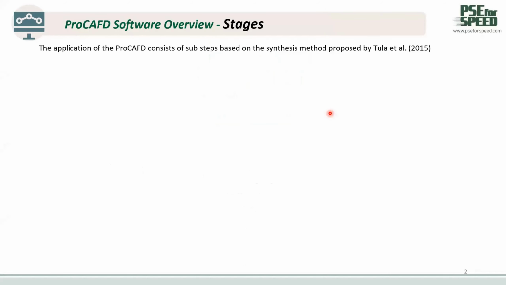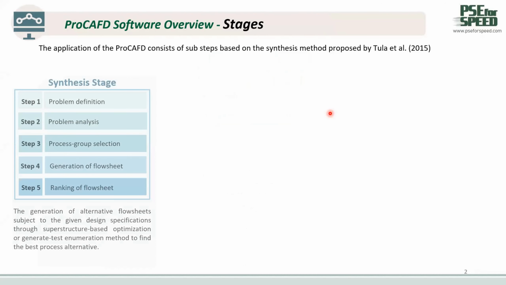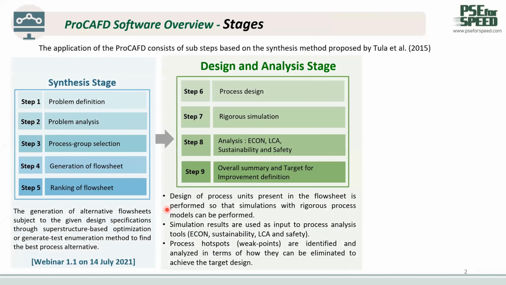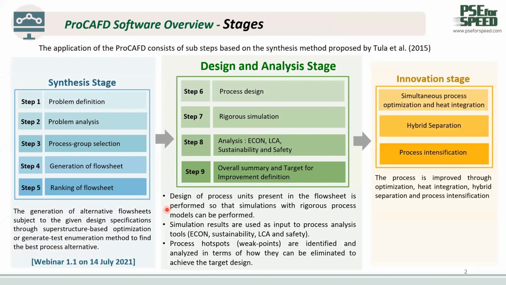As we discussed yesterday, there are three stages of the ProCAFD software. The first stage is the synthesis stage, which has already been presented in the last session. In this session, we're going to present the design and the analysis stages, and the innovation stages will be presented in tomorrow's session.